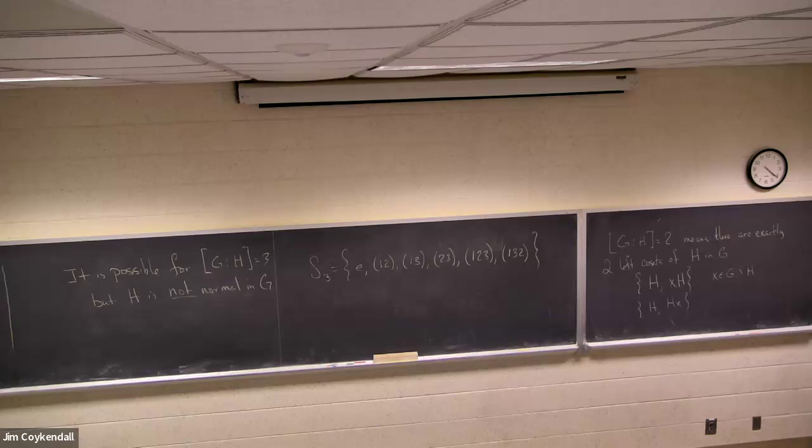If this thing has a subgroup of index 3, what would the order of the subgroup have to be? If its index is 3, its order would have to be what? Well, think of it this way.